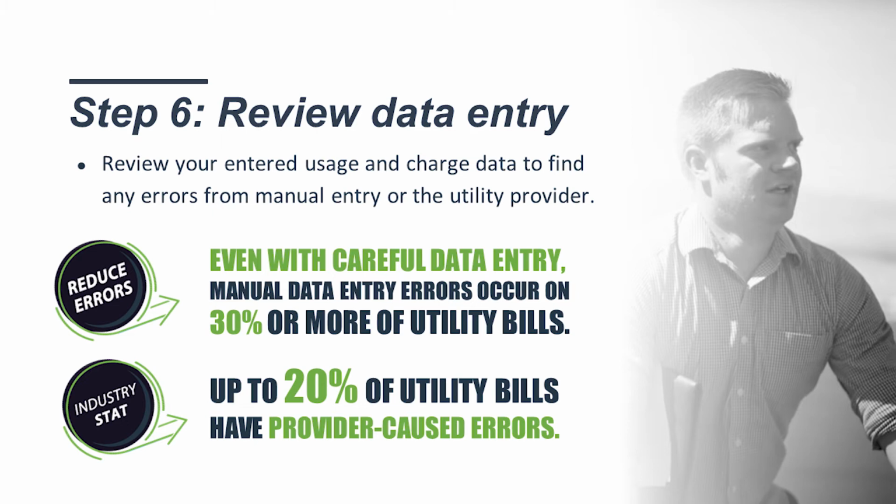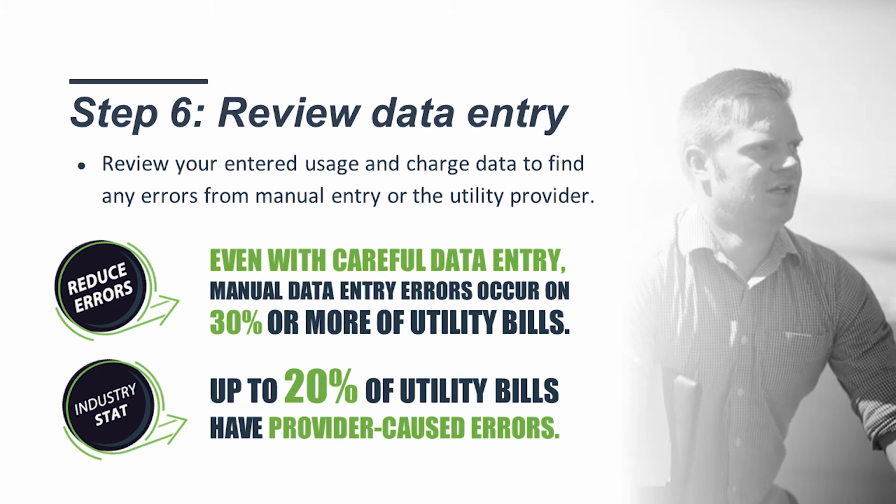Ensuring the highest level of data integrity is important in capturing your utility bills. For some, especially those that do this in-house, they may not have a process at all to review the data that's been entered to ensure that it's accurate. Even with careful data entry, manual data entry errors occur on 30% or more of utility bills.